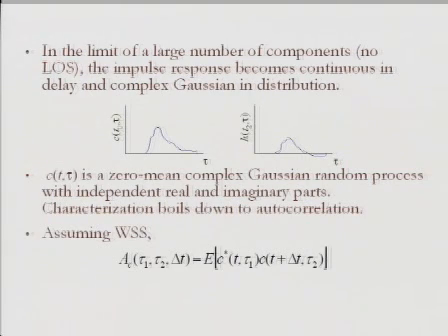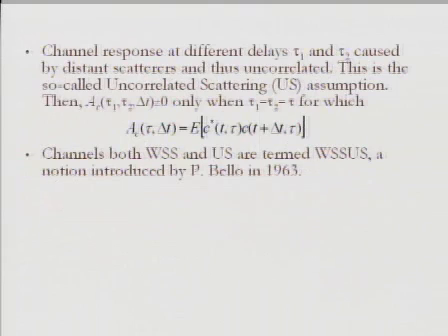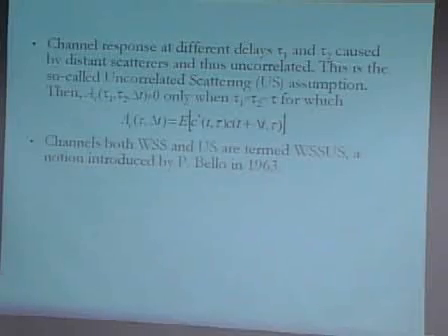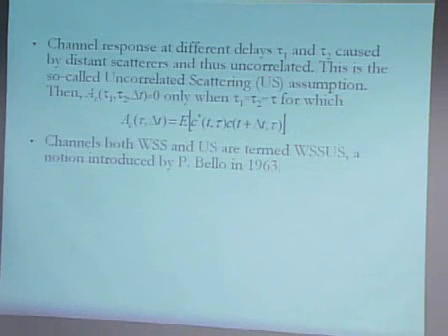Now, this gets pretty messy because it's a function of three different variables. Luckily for us, we have a property of actual channels that says that the response at different delays, tau 1 and tau 2, is uncorrelated.